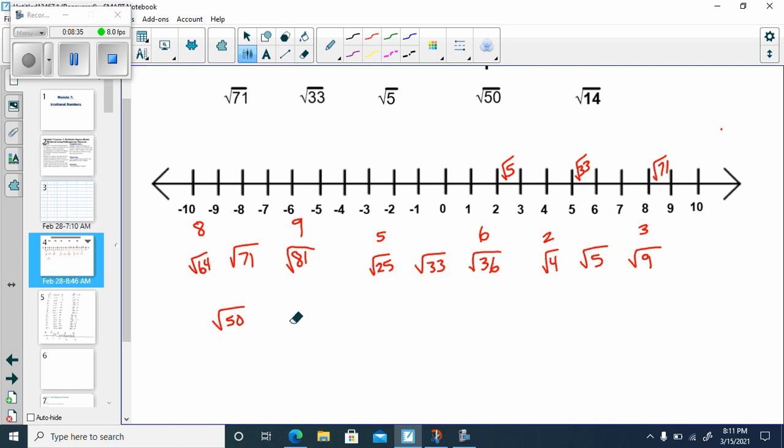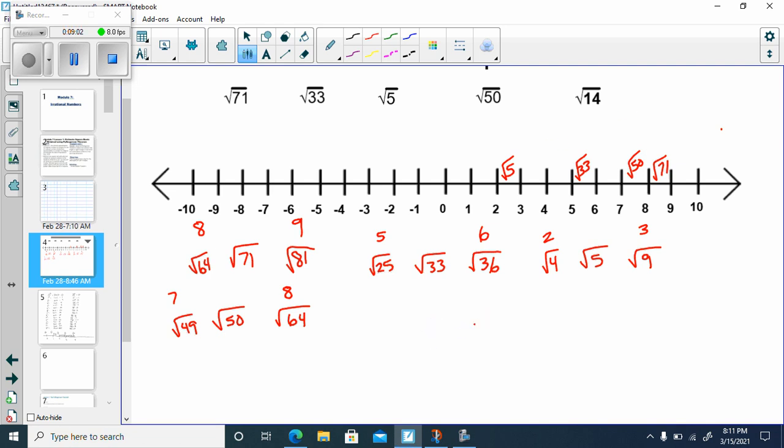No. Let's see. 61, 62, 63. 64, right? The square root of 64 is 8. And if you're using 7 here, that would be the square root of 49. So the square root of 50 is going to be between the integers 7 and 8. The square root of 50 would fit right here on the number line.